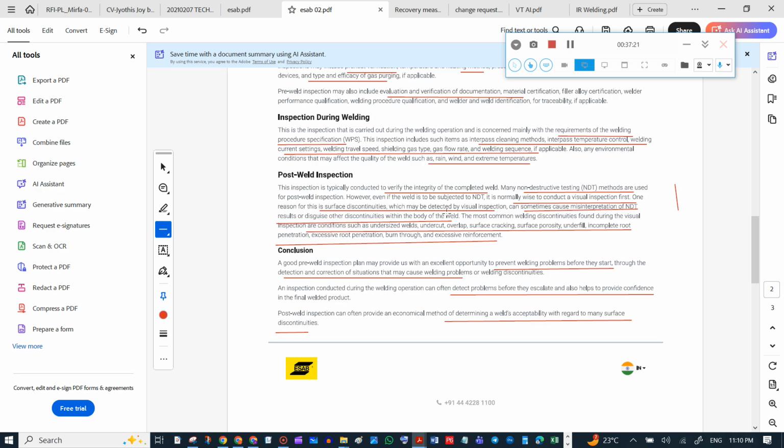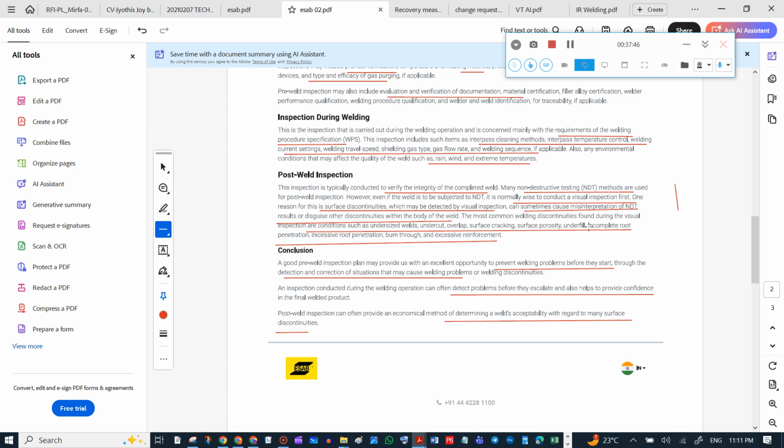However, before doing this NDT, it is normally wise to conduct a visual inspection first, because one reason is that surface discontinuities, which may be detected by the visual inspection, can sometimes cause misinterpretation of NDT results or disguise other discontinuities within the body of the weld.